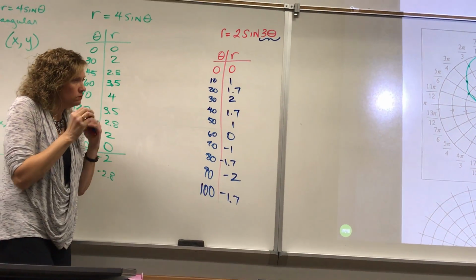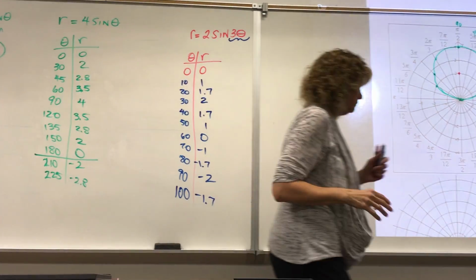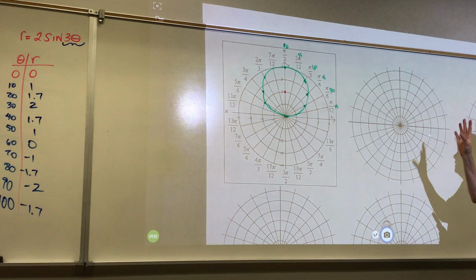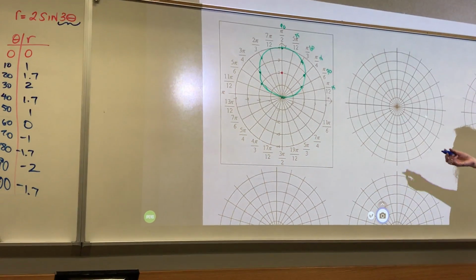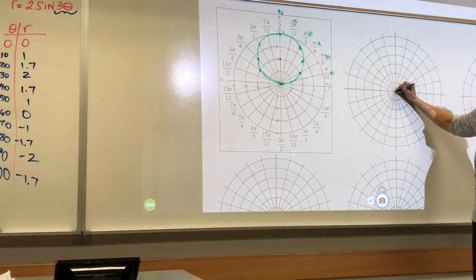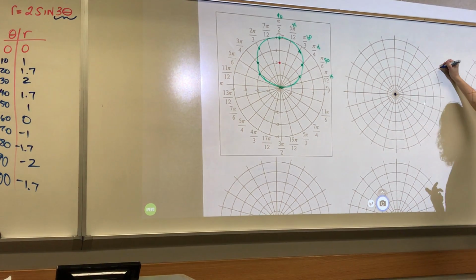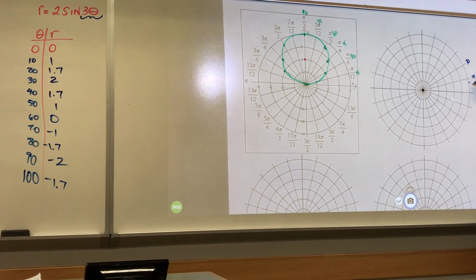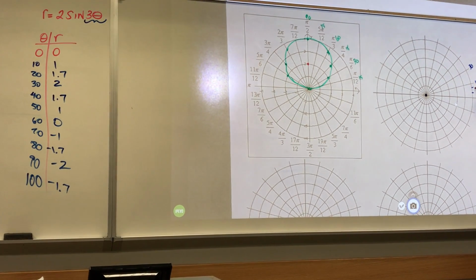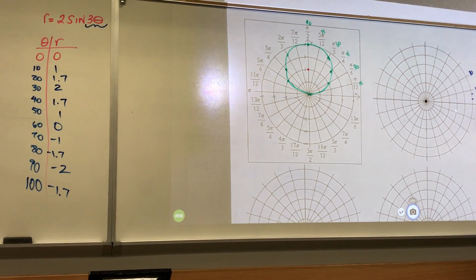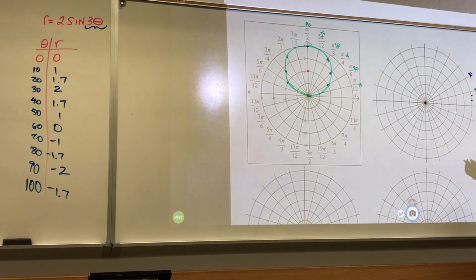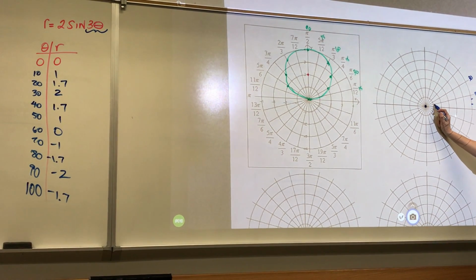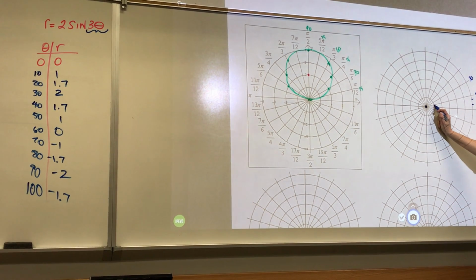So we're just plotting points. We're probably going to need more, but we'll start with this and see how it goes. We've got 0, 0. This right here was 30, so this is 15. So 10 degrees is two thirds of the way from 0 to 15. You're just going to do the best you can at estimating. So 10 degrees, we are at 1.